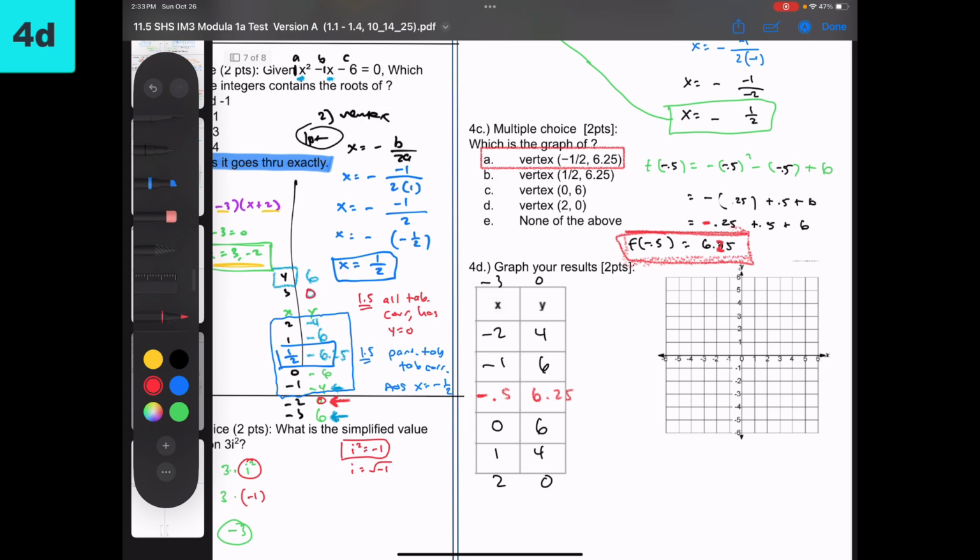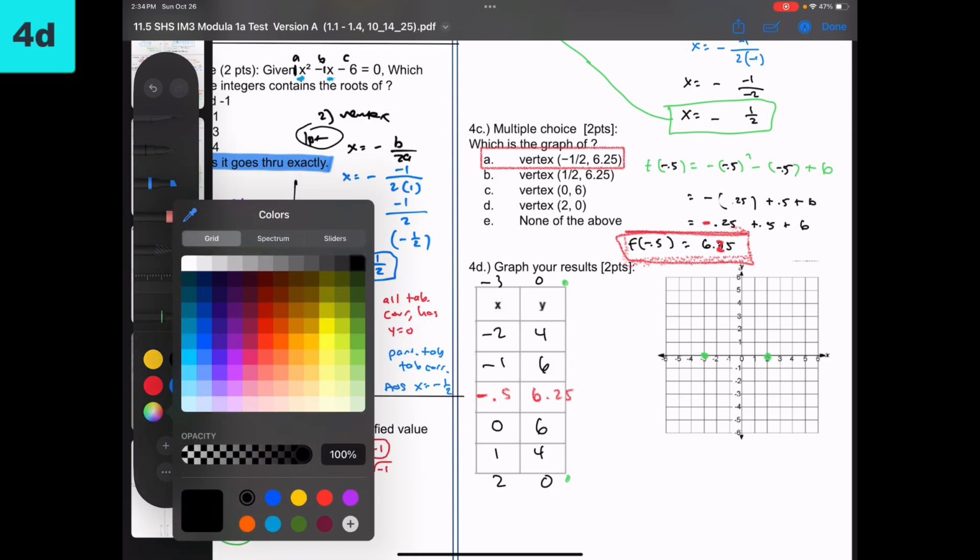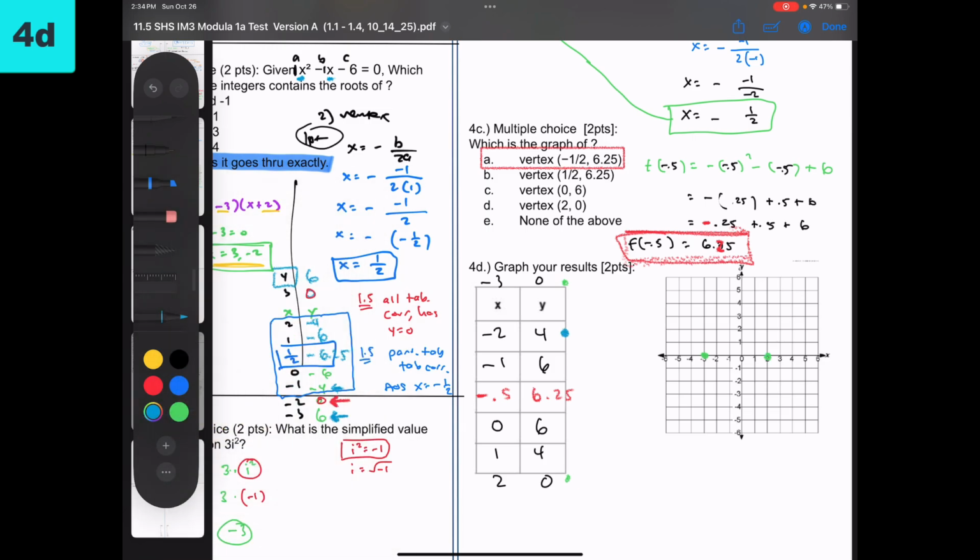Okay, let's graph this. So I have these 2 points. -3, 0, -2, 4, 1, 4.